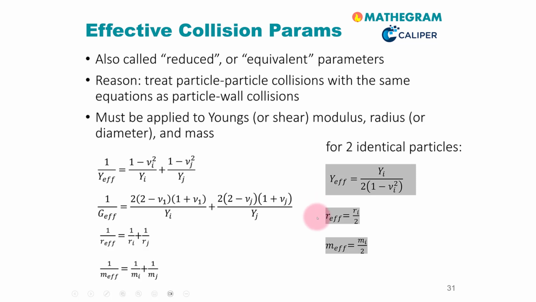For the radius, it's Ri over 2, so please be careful. The effective radius of a particle and the effective diameter of a particle is, for a particle-particle collision, the radius half or the diameter half. And for the mass, again the same. So please always be careful whether here is the effective mass or the true particle mass.